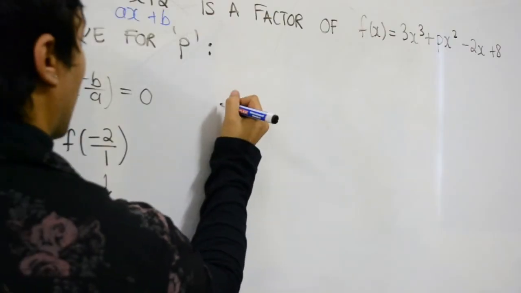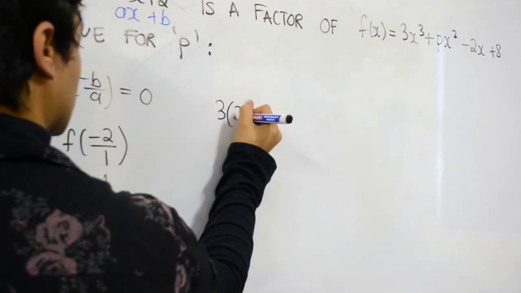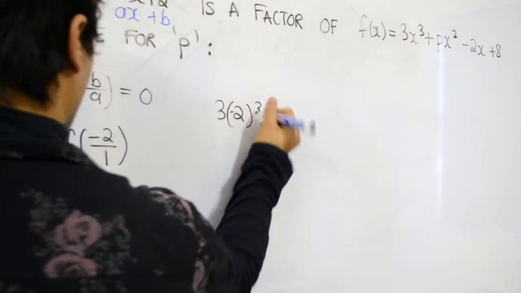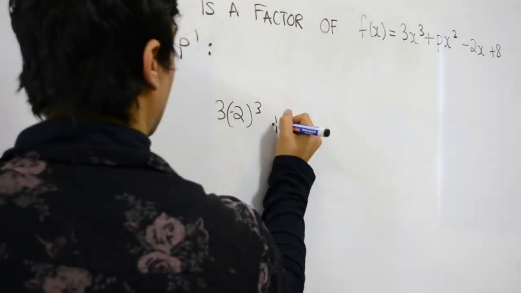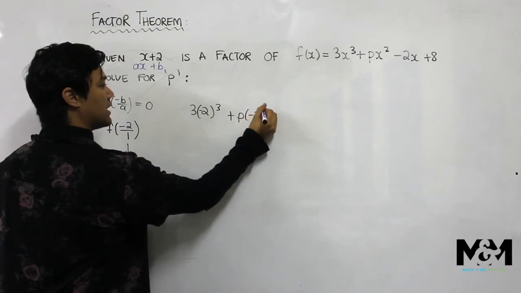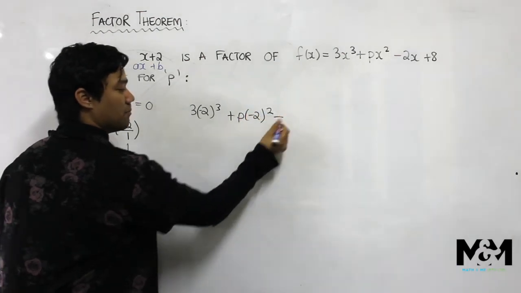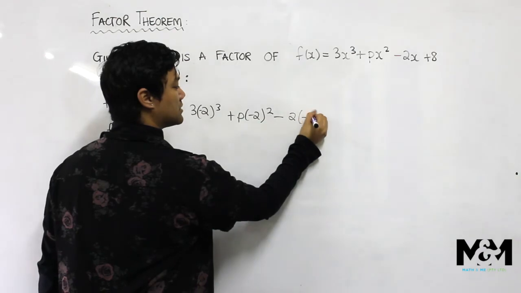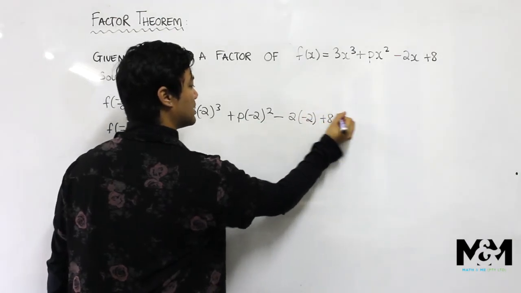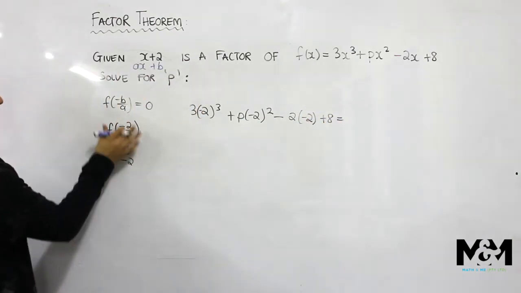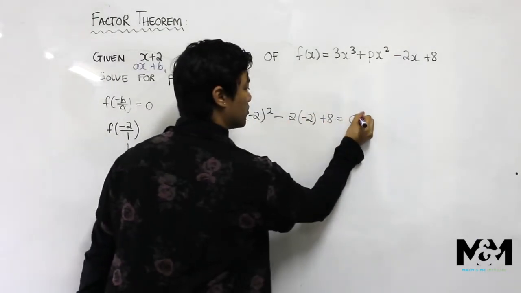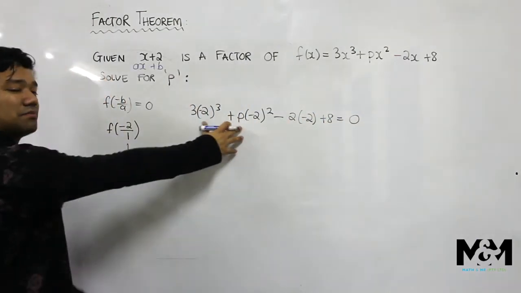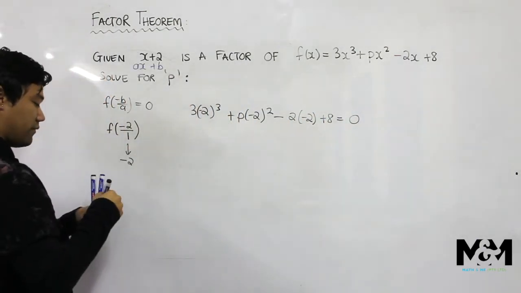We know that if I say 3 times negative 2 cubed plus p times negative 2 squared minus 2 times negative 2 plus 8, I should get a remainder, a value of 0. Right, and now I see p is my only variable, so I can solve for it.